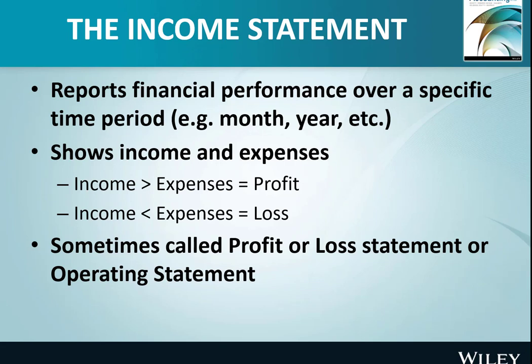At the end of the year, we want to determine whether we are making a profit or loss. So we prepare the income statement monthly, yearly, or quarterly to see the performance of the business. Sometimes the income statement is also known as the profit or loss statement or operating statement.